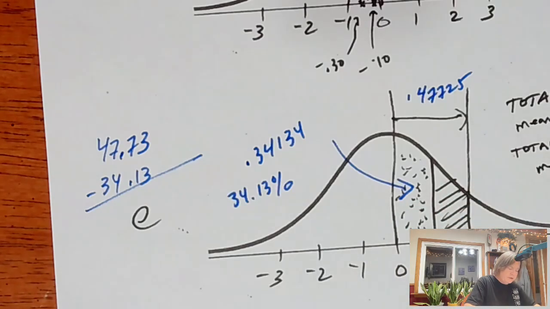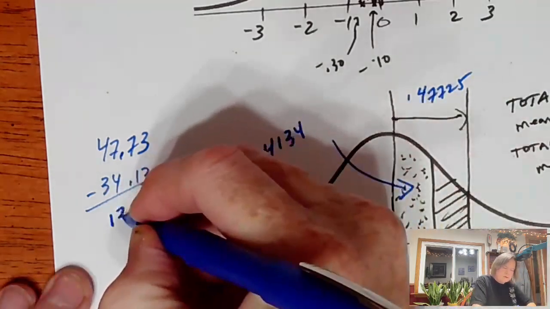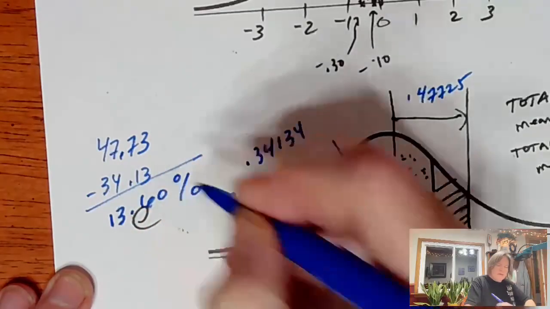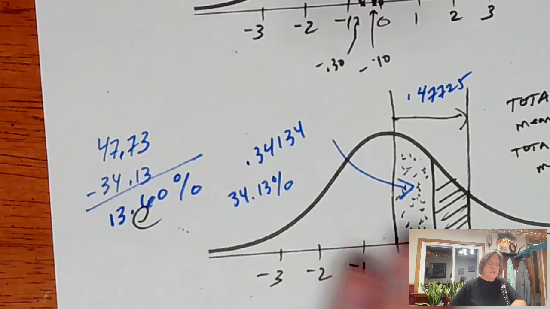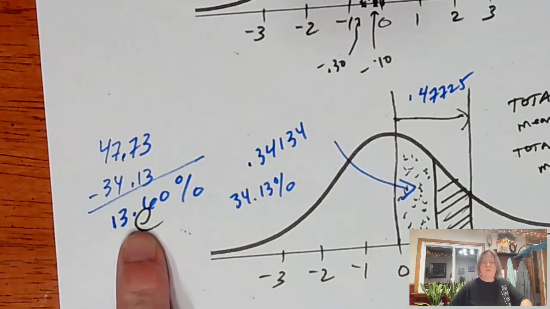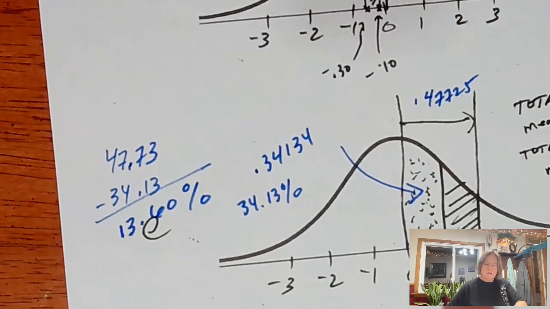So 47.73 minus 34.13 equals 13.60. And that's the exact part. When I tell you it's 14, that just gives us an estimate, but the exact math for the difference between 1 and 2 is actually 13.60. So that is problem number 3.